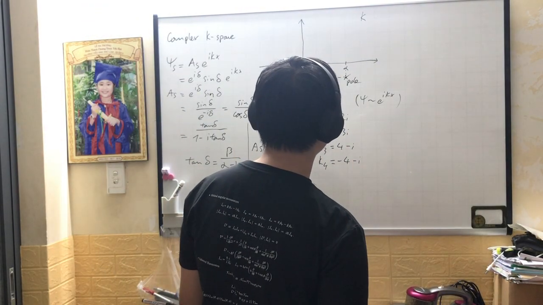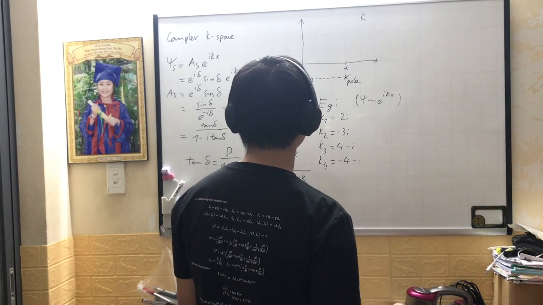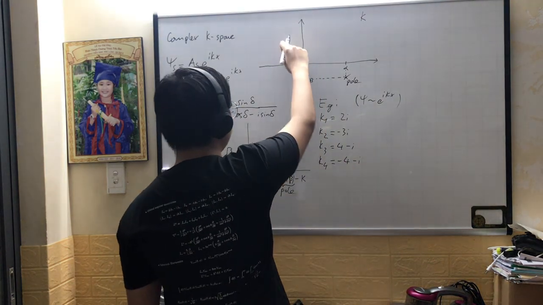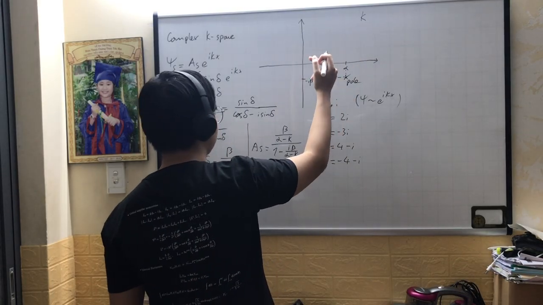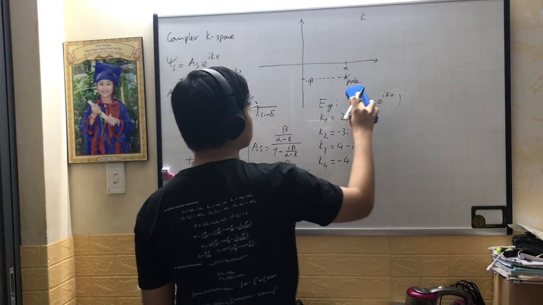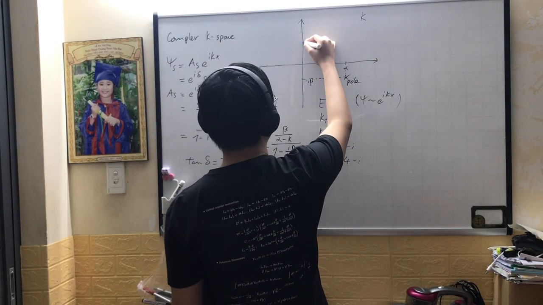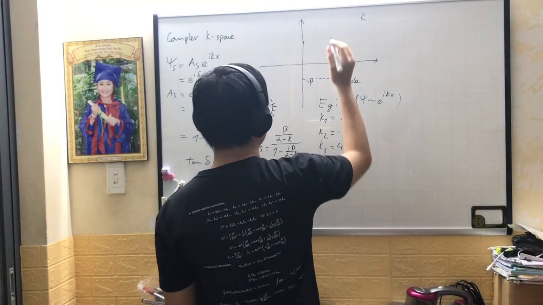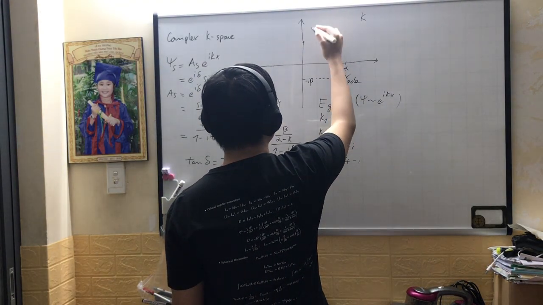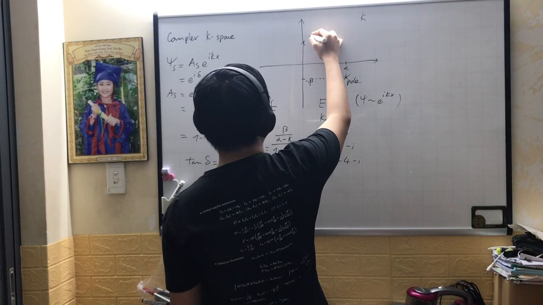First is your k1. k1 is 2i, meaning that it is purely on the imaginary axis, somewhere here. That would be your 2i, or k1.